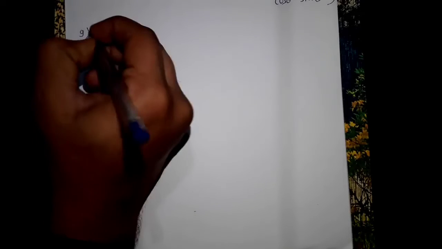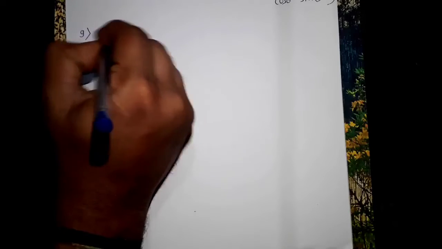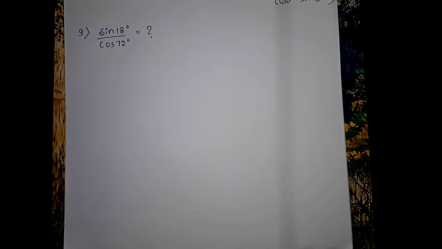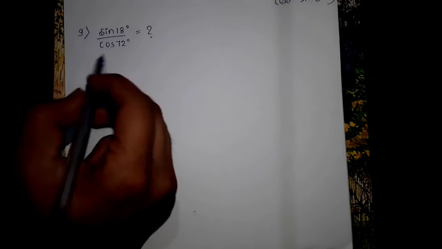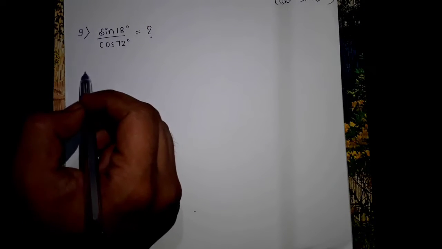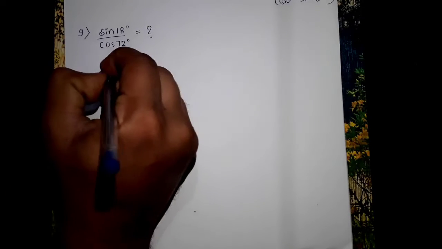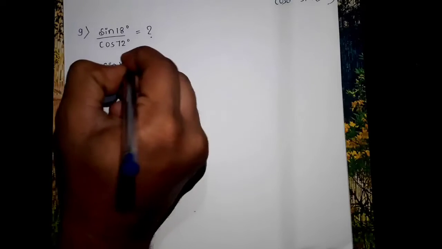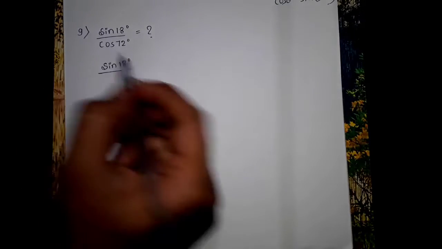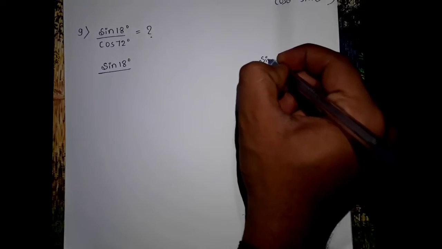Now let us go to the next question, that is question number 9. That is sin 18 degree divided by cos 72 degree. We have to find the value of this. Now we have to apply complementary relation. Sin 18 degree divided by, what is the complementary relation between sin and cos?